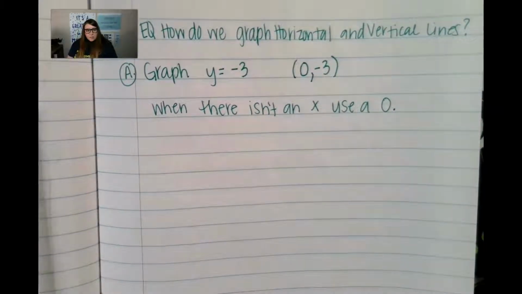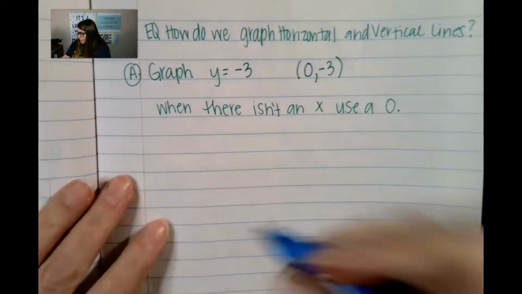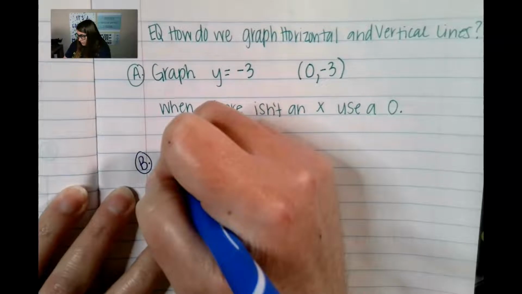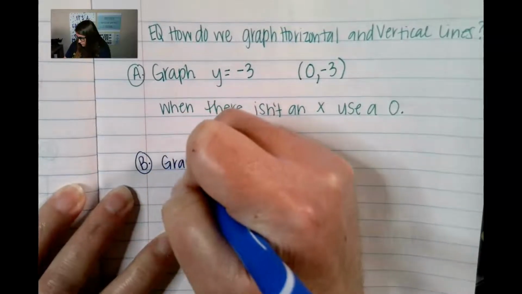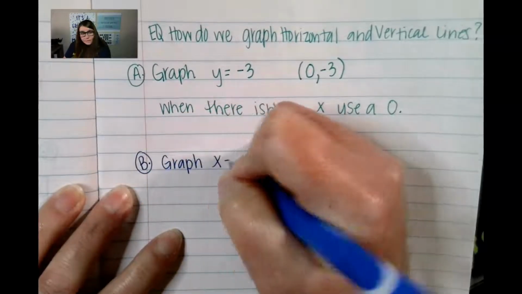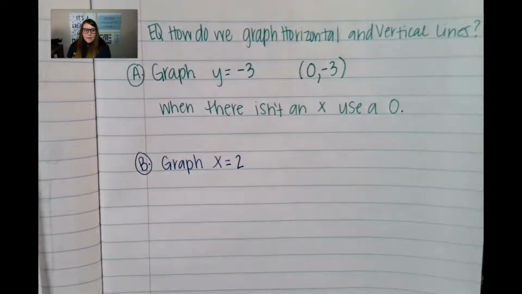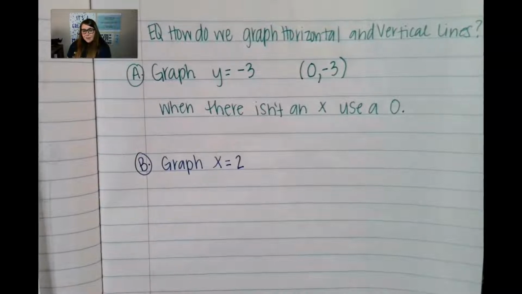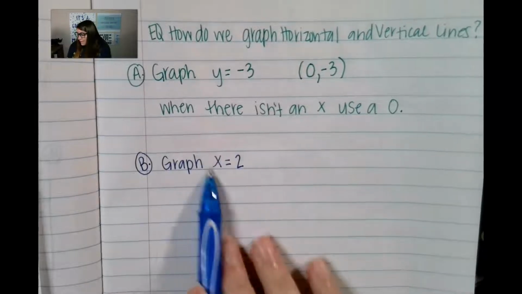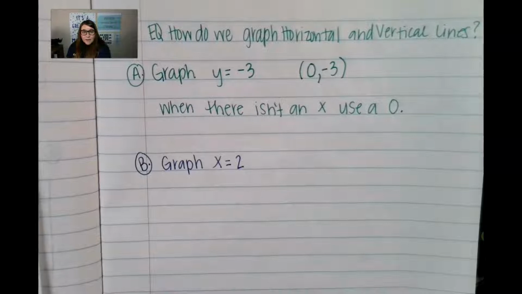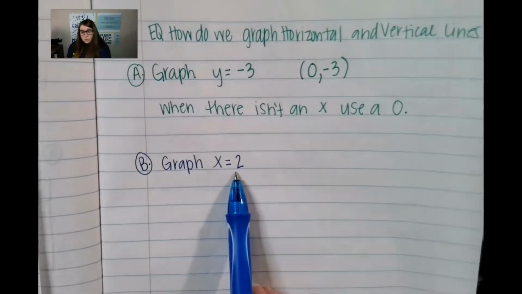Now let's look at one problem that tells you to graph x equals 2. It is the same thing. We don't have any y values inside this equation. It tells you exactly that x is equal to 2.